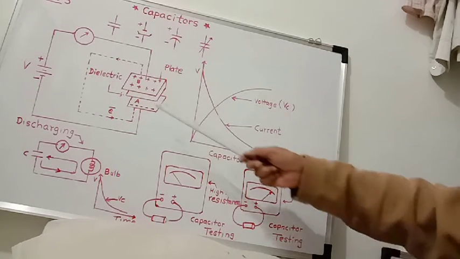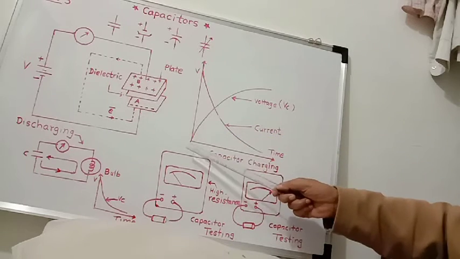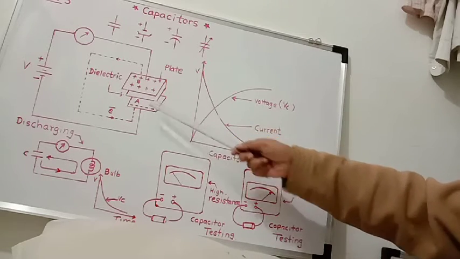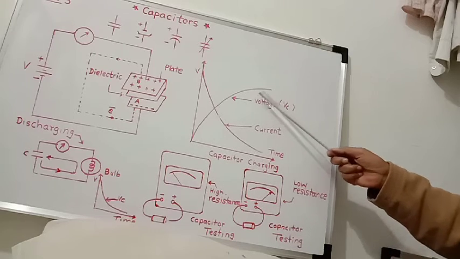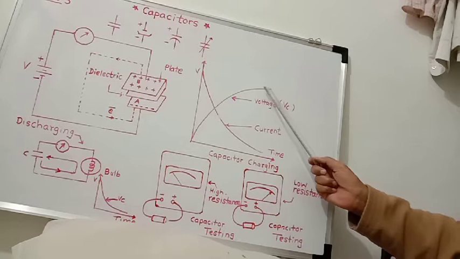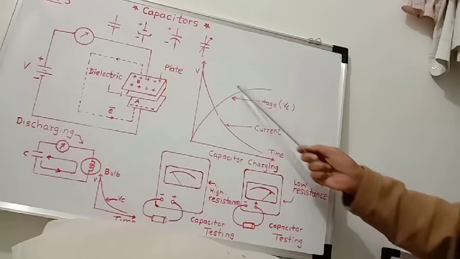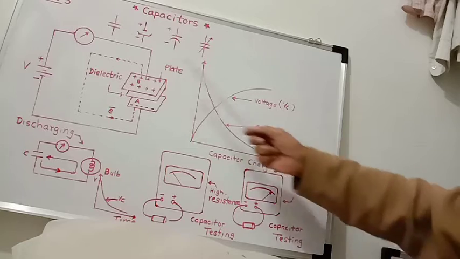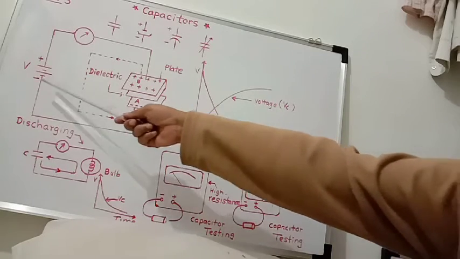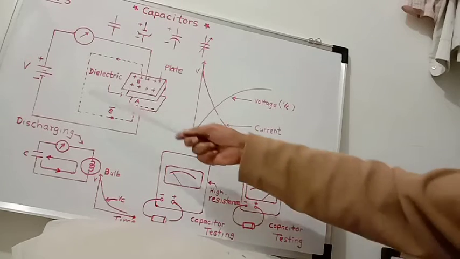So during the charging period of the capacitor, the voltage across it increases exponentially towards the applied voltage V. Okay, and finally the voltage across the capacitor reaches the supplied voltage V, the battery voltage.